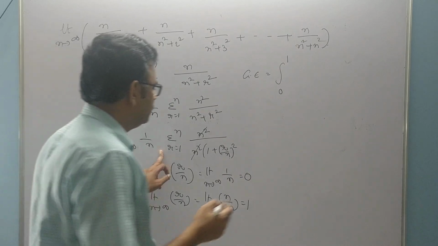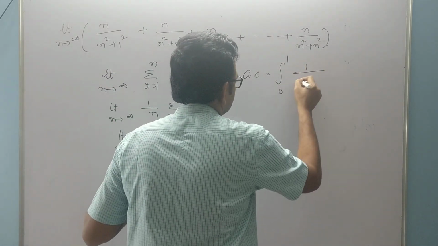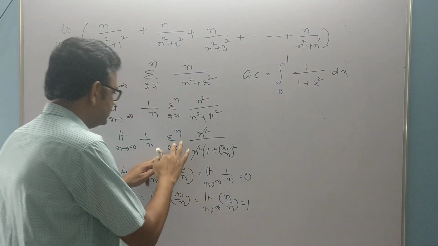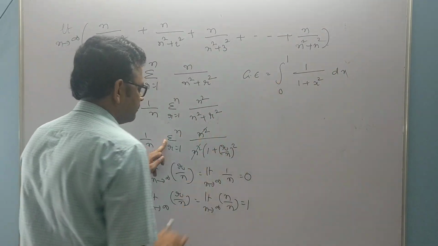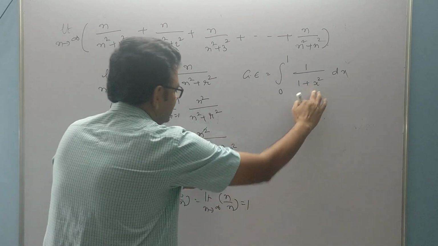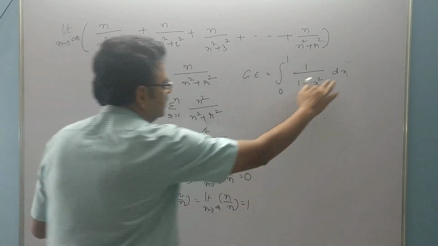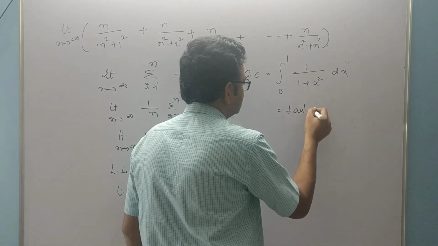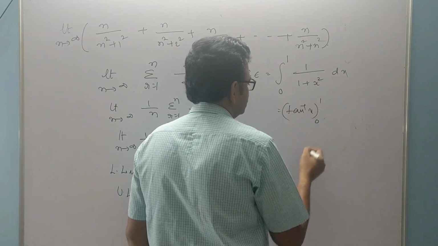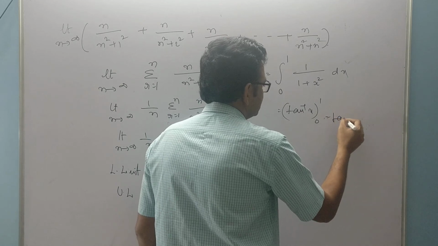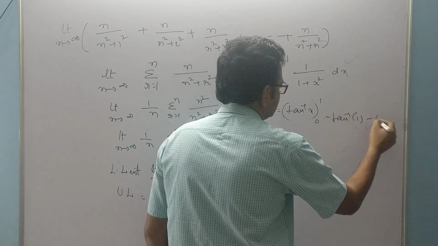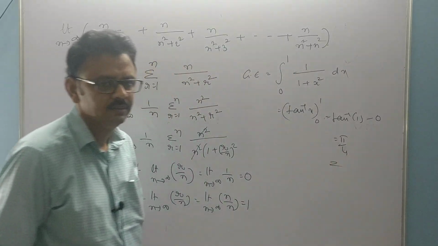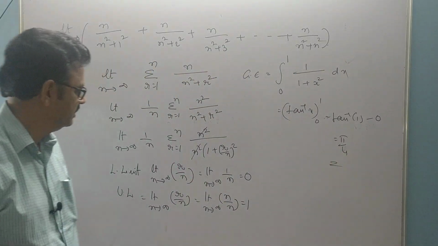So this is integral from 0 to 1 of 1 by 1 plus x square dx, which is equal to tan inverse of x, with limits 0 to 1. So tan inverse of 1 minus 0, that is pi by 4, is the answer. Okay, write it down.